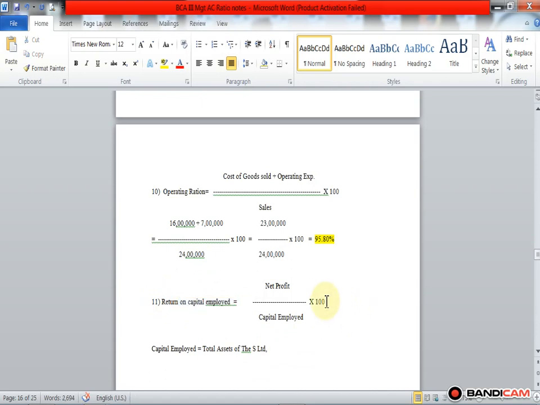Here net profit is given, and we find out the capital employed. So total assets is equal to fixed assets plus current assets, that is 12,50,000 plus 10,45,000, equal to 22,95,000.